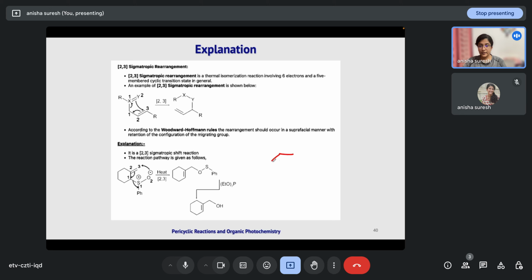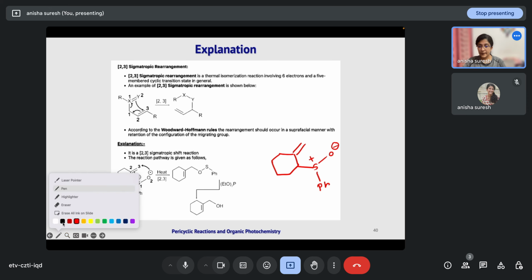So if we have to draw, this is our starting material, S-Ph, O minus, plus. It will undergo a 2,3 sigmatropic shift; like we can number 3, 2, 1, 1, 2. How is it taking place?